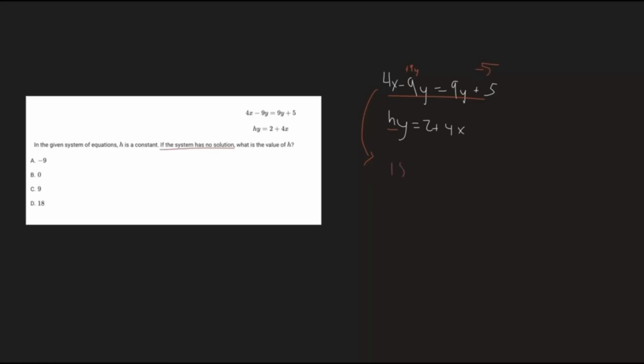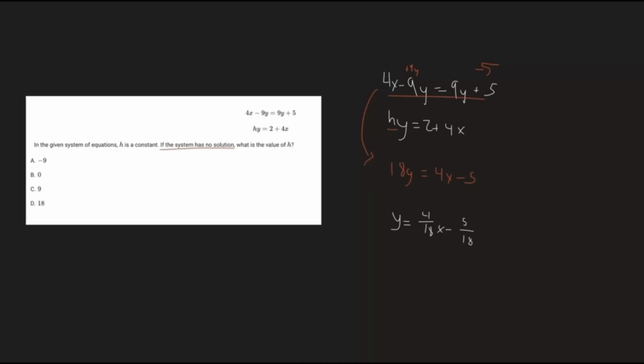So we have 18y equals 4x minus 5. And now for slope-intercept form, this will just simplify. We divide both sides by 18. So y will be equivalent to 4/18 x minus 5 over 18.